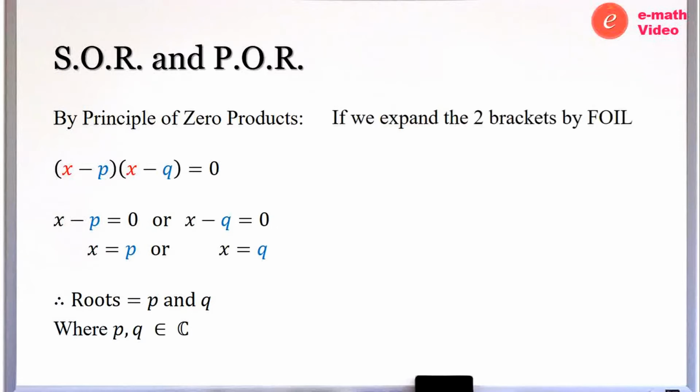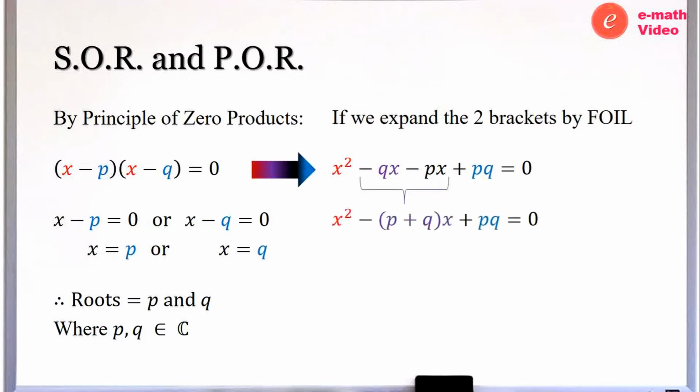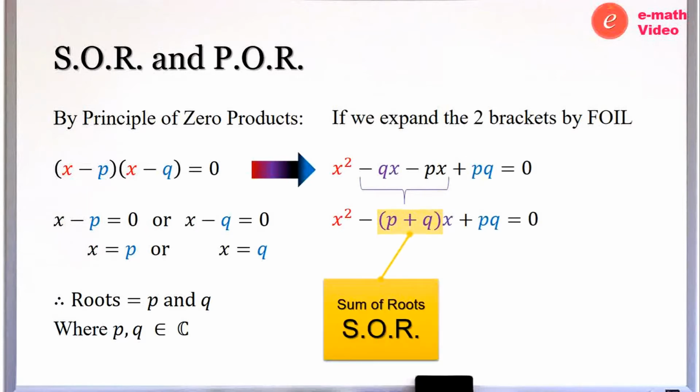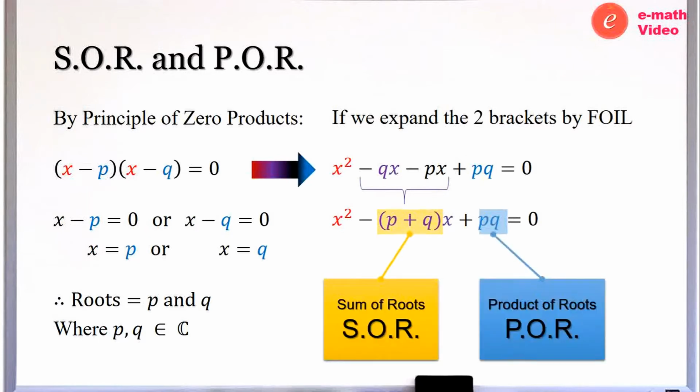Conversely, if we expand the product of these two brackets using FOIL, we'll get x squared minus qx minus px plus pq equals 0. Simplifying, we'll end up with x squared minus bracket p plus q, x plus pq equals 0. Since p and q are the roots of the equation, p plus q is the sum of roots, while pq is the product of roots.